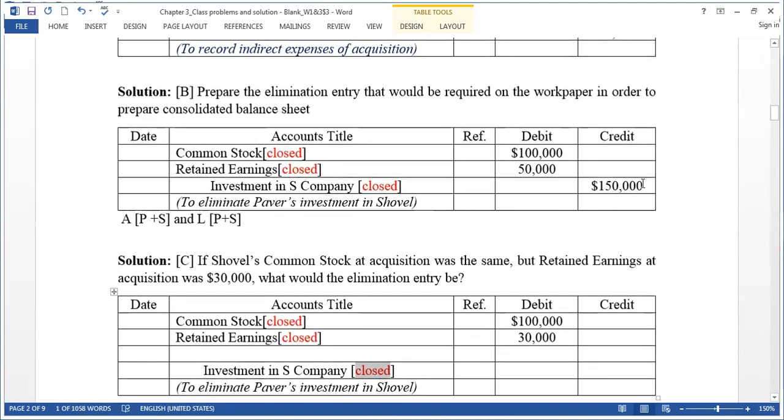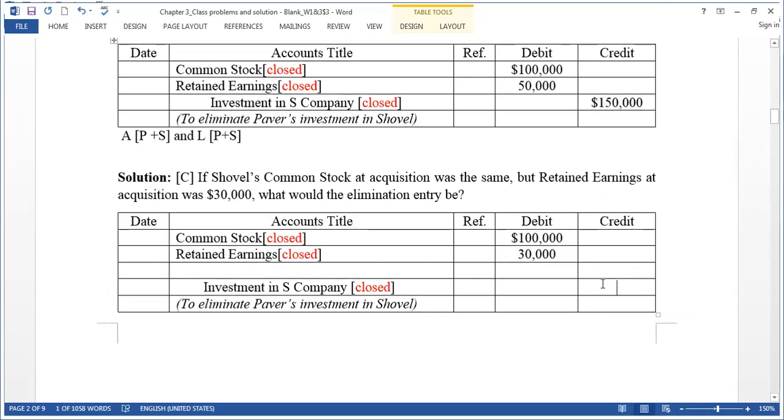And our investment is $150,000. Now we close our investment in subsidiary. We close the subsidiary's common stock. We close the subsidiary's retained earnings.